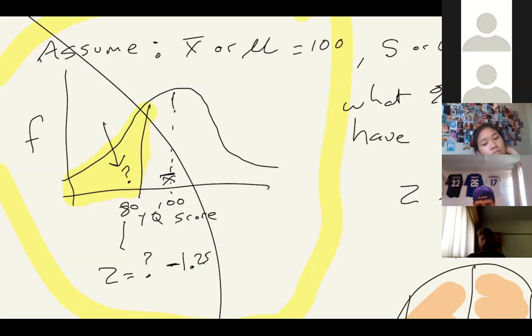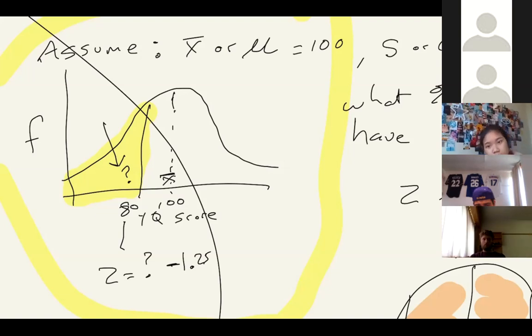We can find 1.25. And then we can find the area between the mean and Z, 0.394, et cetera. Can you see that? And we can find the area beyond Z, toward infinity, either positive or negative infinity, 0.10564.